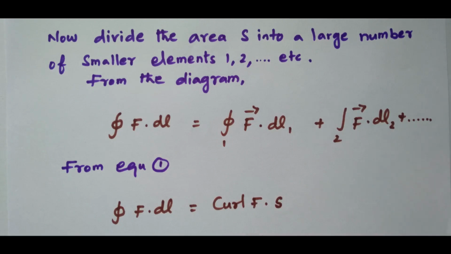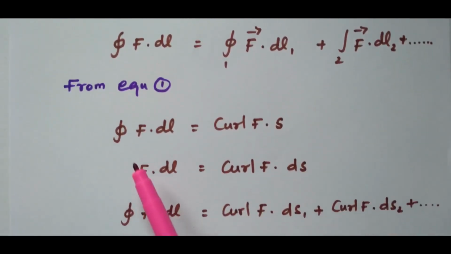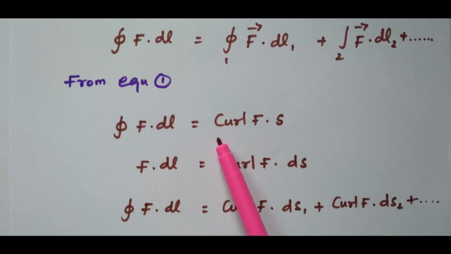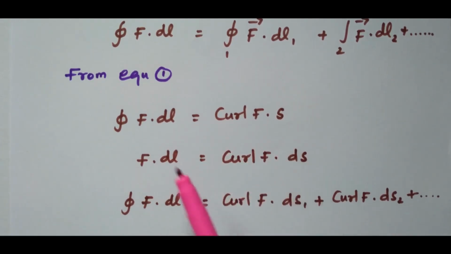Now the big element is converted into a large number of smaller elements, dl1, dl2, like that. So from equation 1, F dot dl equal to curl of F dot S.